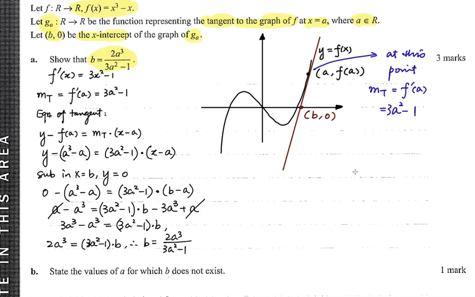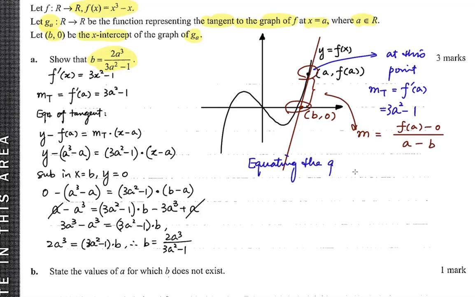Also, gradient of these 2 points is given by f of a minus 0 over a minus b. Then we can equate the gradients. f of a minus nothing over a minus b equal to 3a squared minus 1.